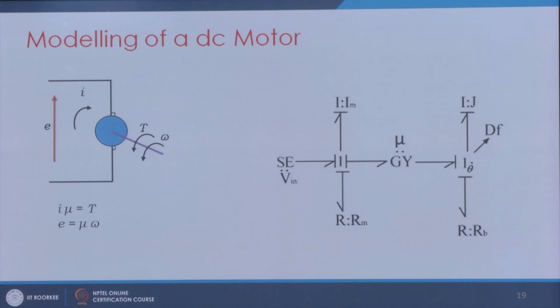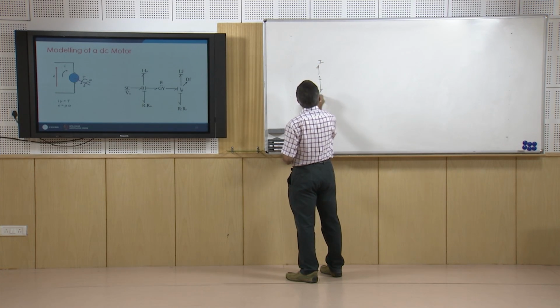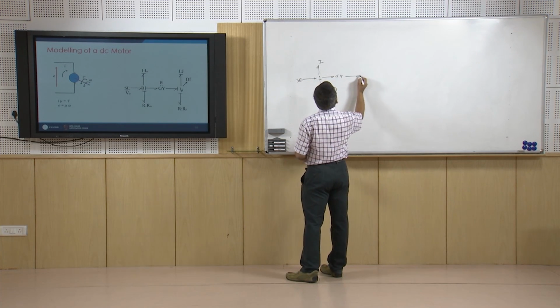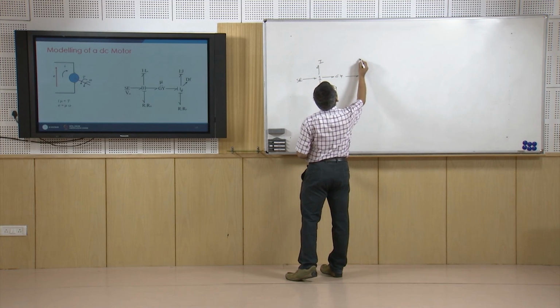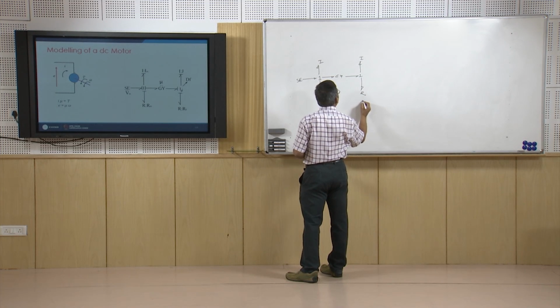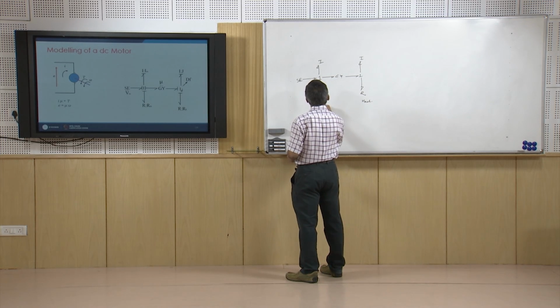Now, in this bond graph you see this is my I, this is my R, and this is my SE, and here is my GY, and here is 1, and this is your I, and this is your R. So, this part is basically the mechanical part, and here is your electrical part.